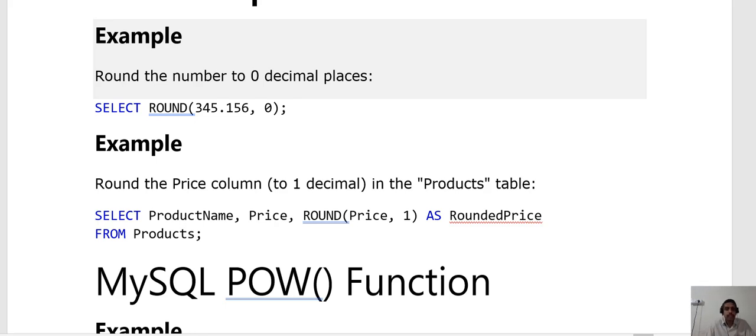Now there is another example you can see over here: round the price column to 1 decimal in the products table. SELECT product_name, price, ROUND(price, 1) AS rounded_price FROM products. So we are using the products table, and we are using the round function on the price value.